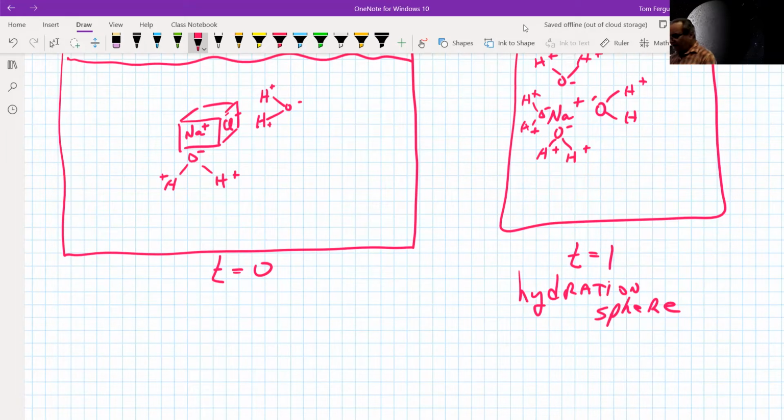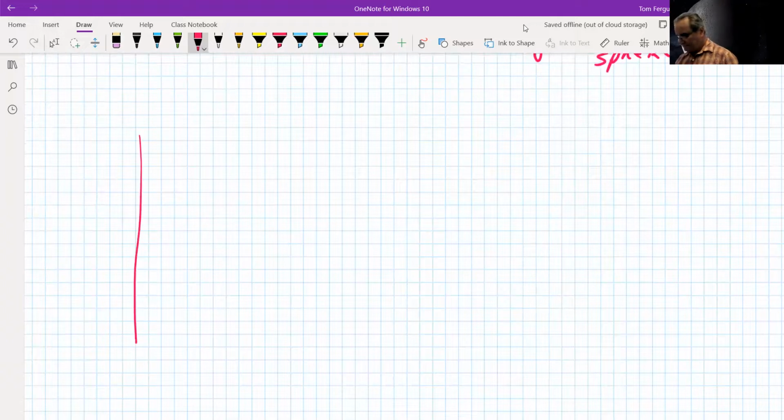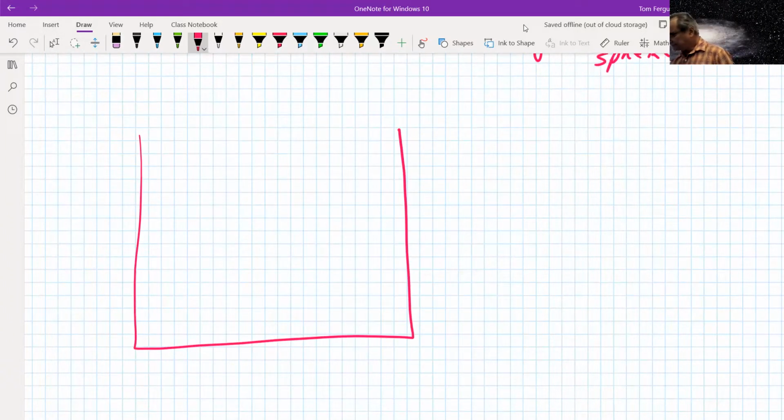Okay, so let's now take another example. What is silicon dioxide? What do you think that is? Oh, sand or glass.